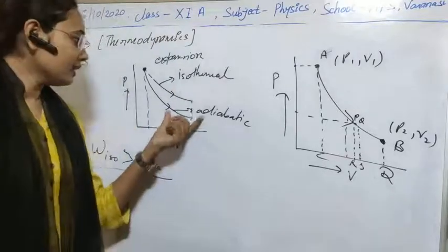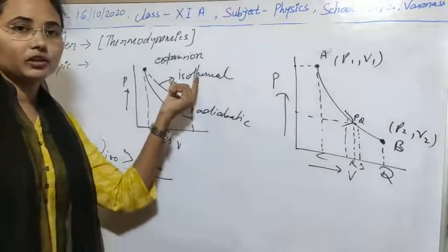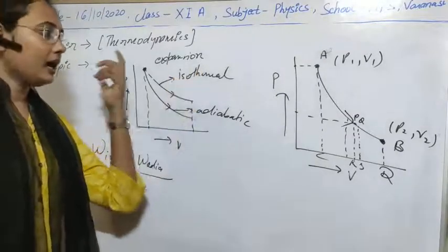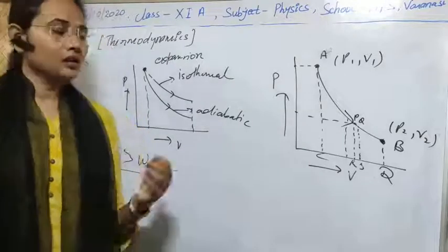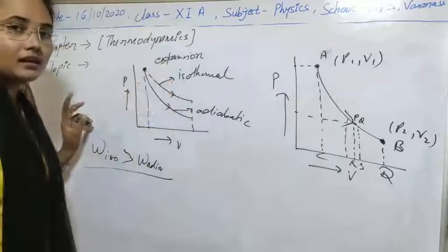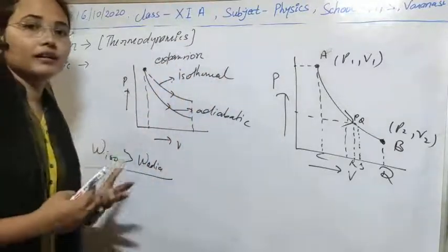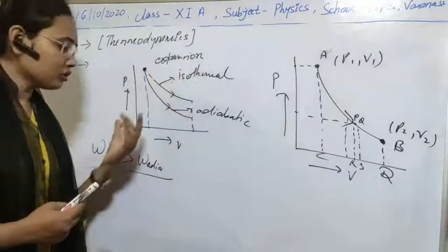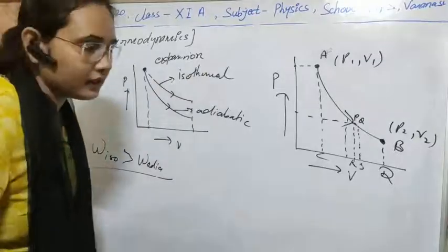So here we have to do less work in comparison to isothermal, because in isothermal the temperature is constant and we are expanding the gas only by using pressure. So the gas will need more heat to expand isothermally than adiabatically. I think this is clear to you.